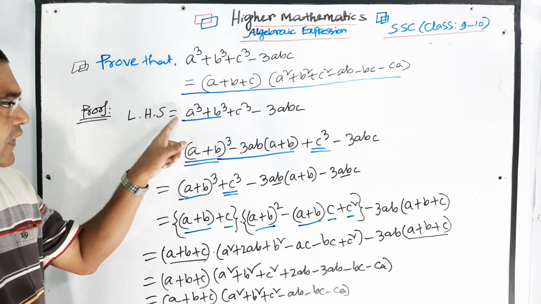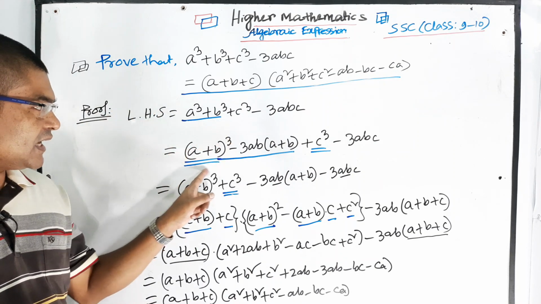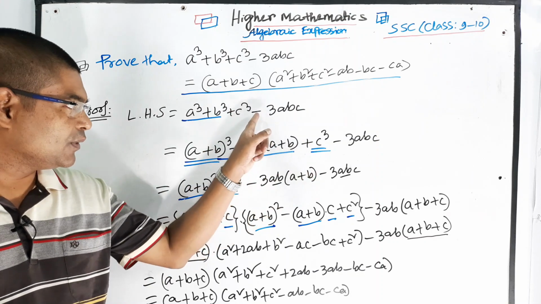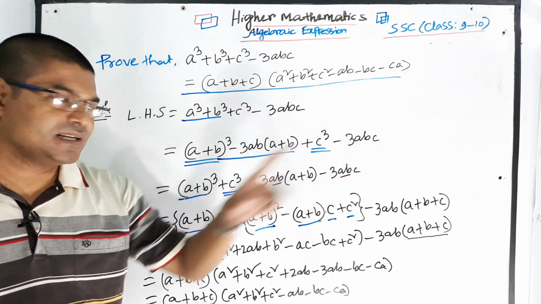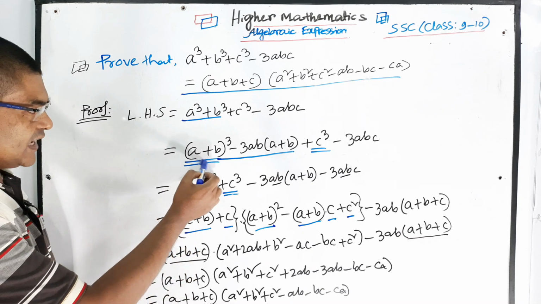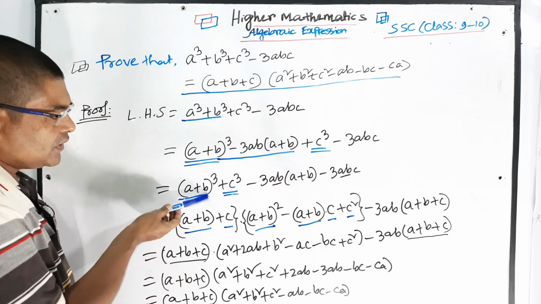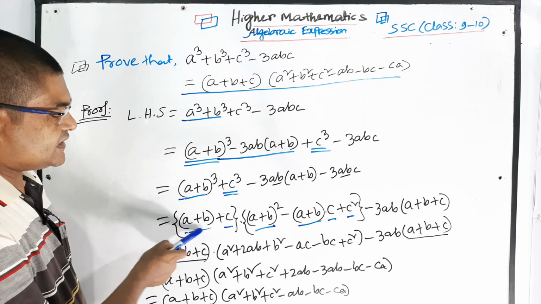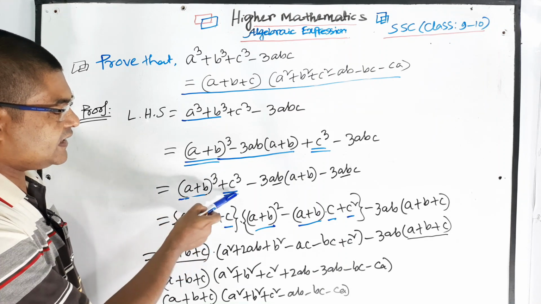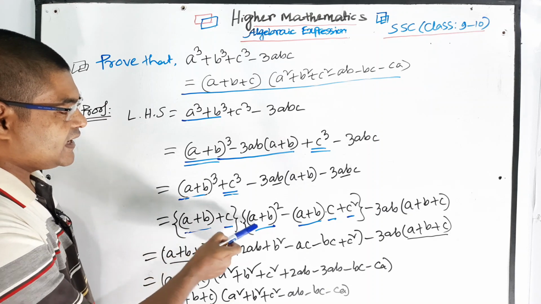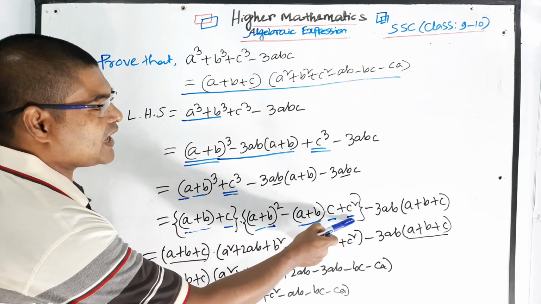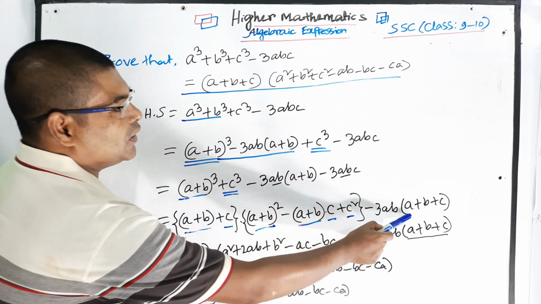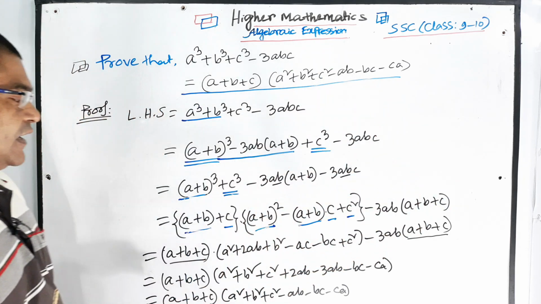You can see a cube plus b cube, a plus b whole cube, 3ab into a plus b, c cube, minus 3abc. A plus b whole cube plus c cube, this is a cube, this is b cube, a plus b, a square minus ab plus b square, here is 3ab, take common, we get a plus b plus c.